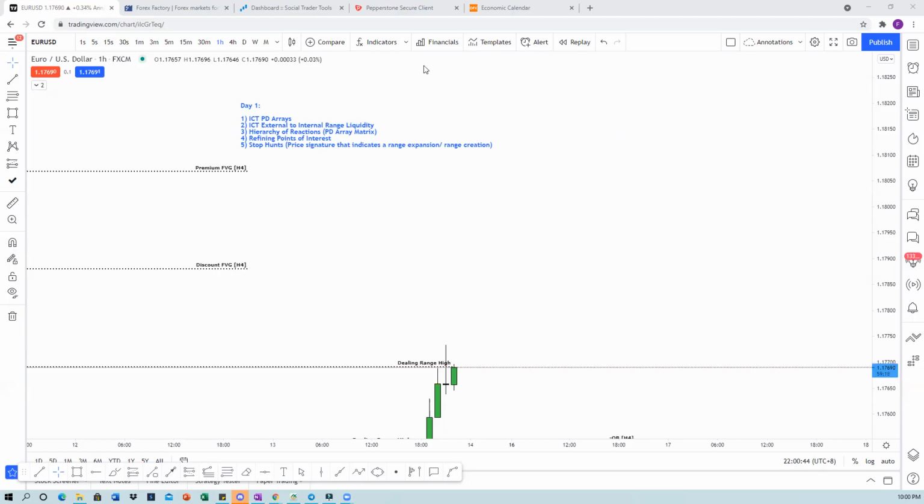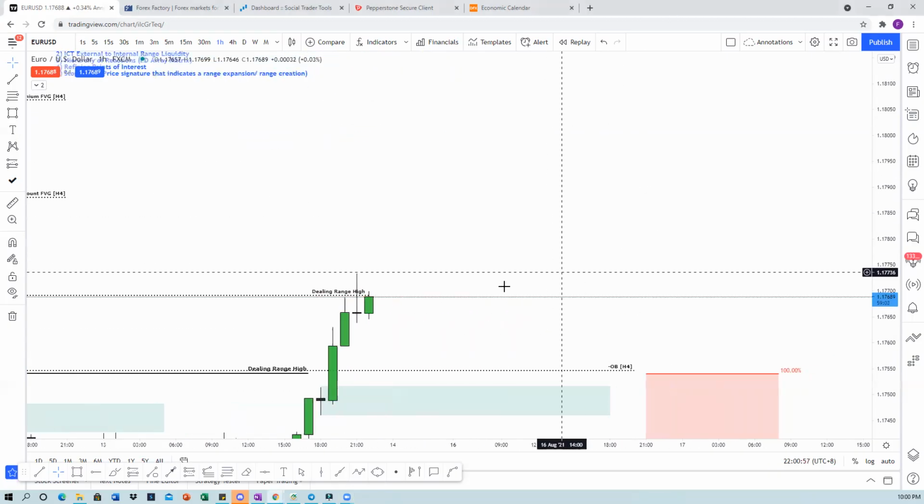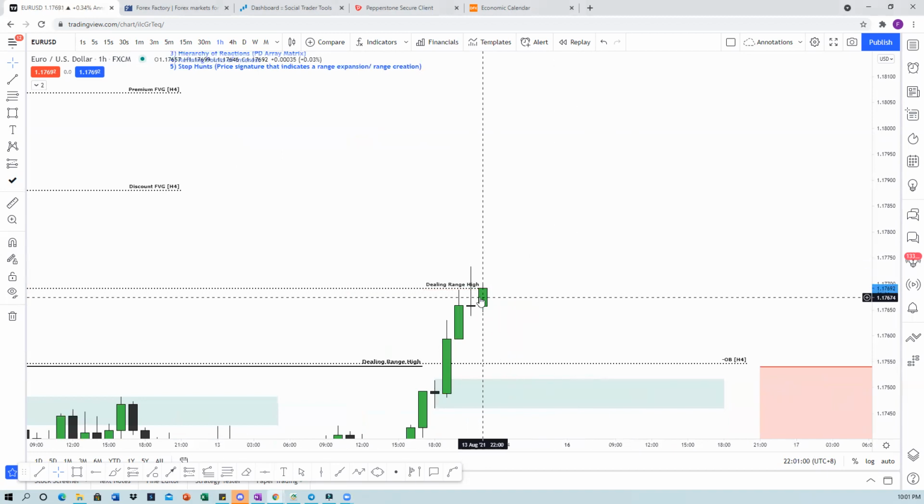That is pretty much it for today. If anyone has any questions, I will be happy to answer. Looks like EUR/USD isn't looking so good. Anyone have any questions?